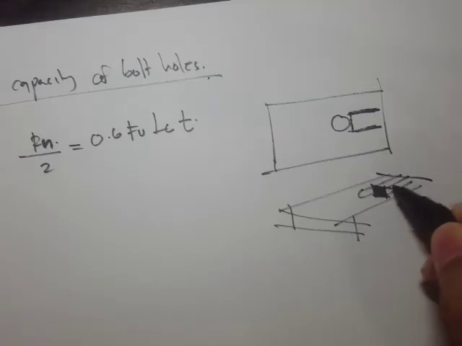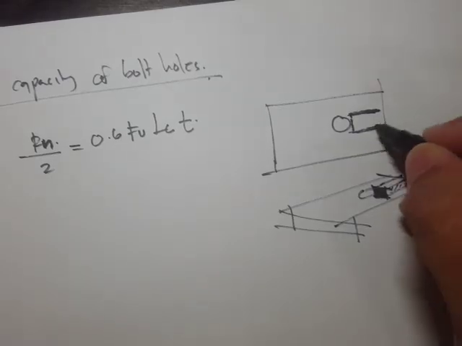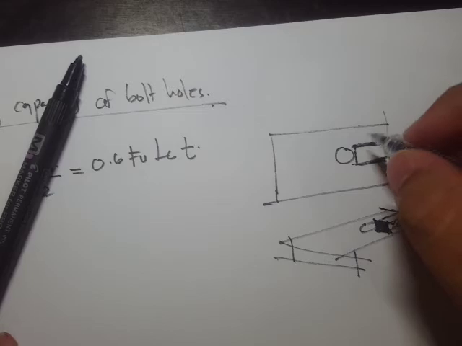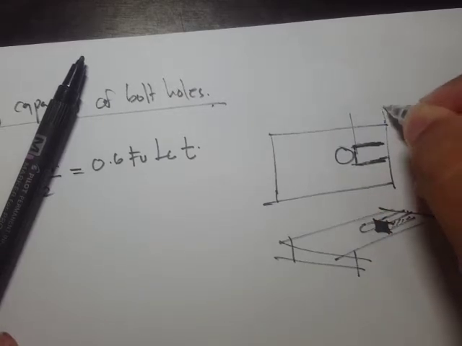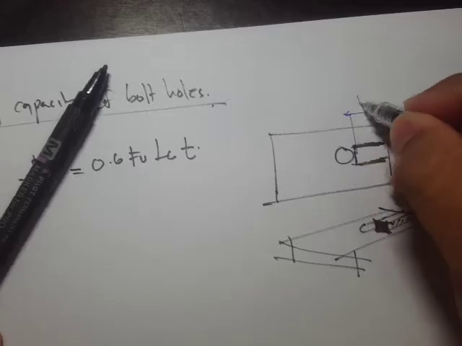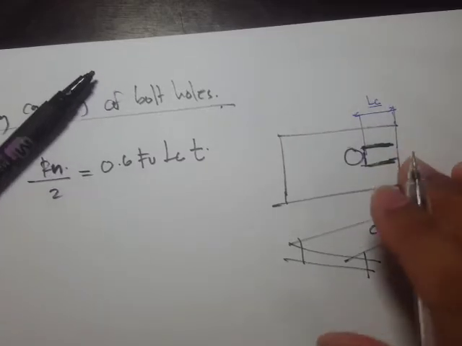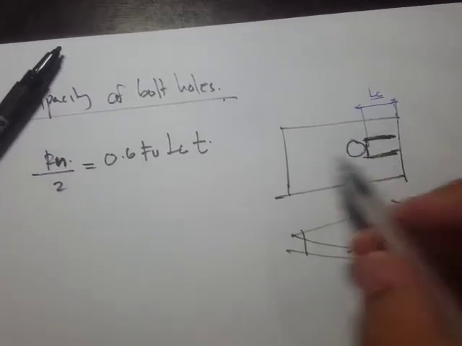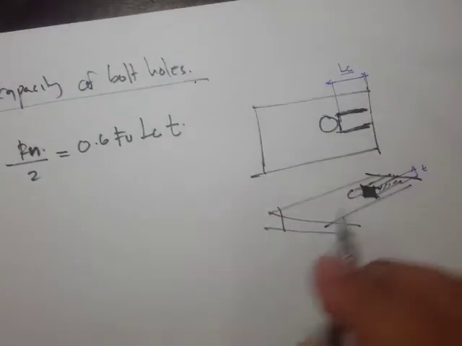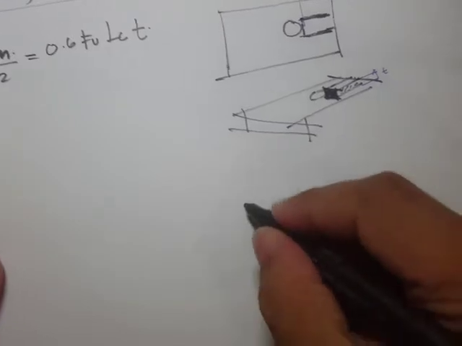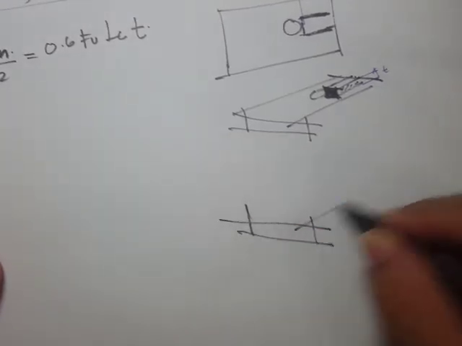So something like this. So this distance from the edge of the bolt hole to this edge, that's our clear distance, Lc. Lc times d, that's the thickness. So let's say this is the thickness. Okay, let me try it again one more time.